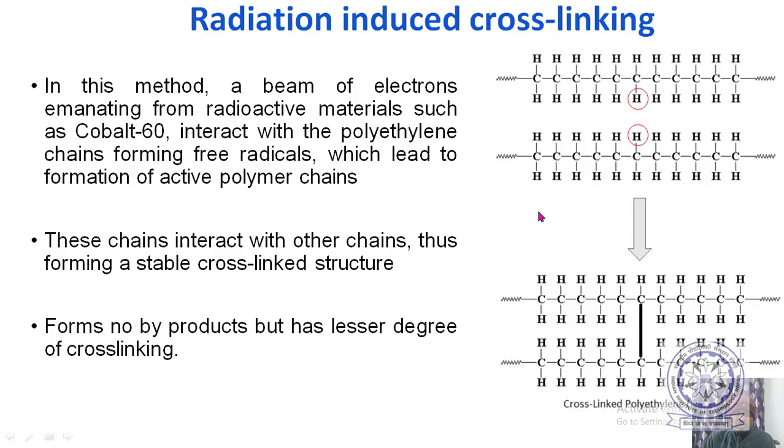These chains interact with other chains, thus forming a stable cross-linked structure like this. But this forms no cross-linking byproducts, and of course has a lesser degree of cross-linking. The degree of cross-linking is less compared to the peroxide based cross-linking that we have just seen.